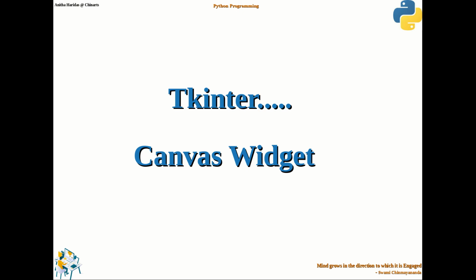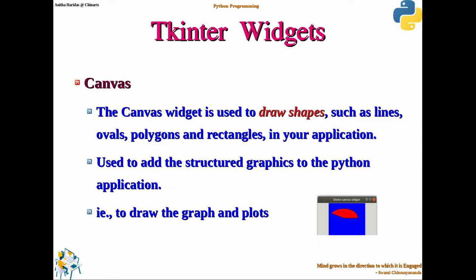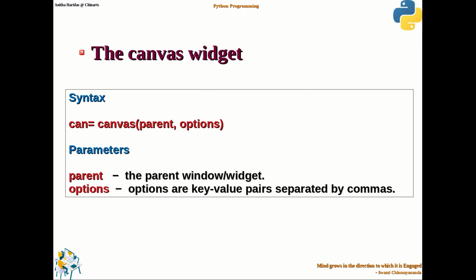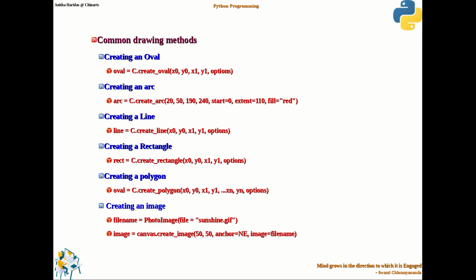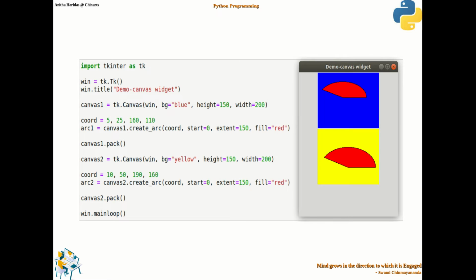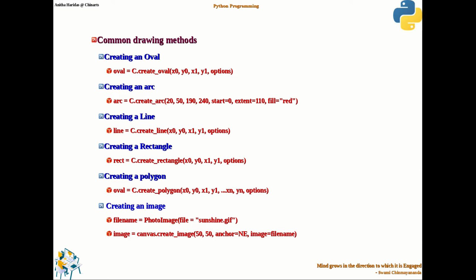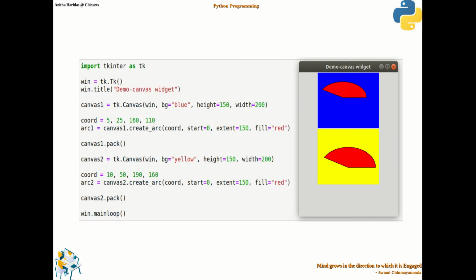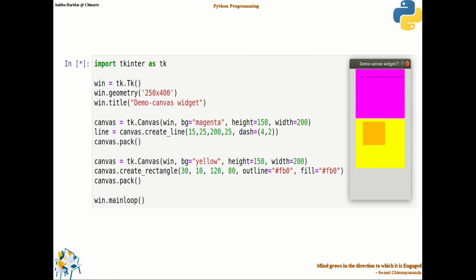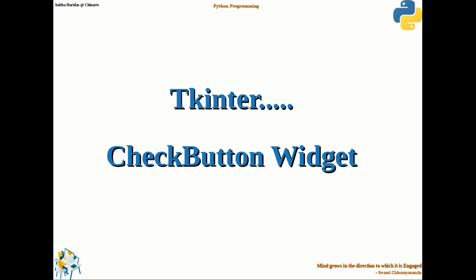Then another widget called canvas widget was introduced, which is used to draw shapes. We had seen some of the drawing methods that are available in the canvas widget. So this is an example code which draws some shapes on the canvas.